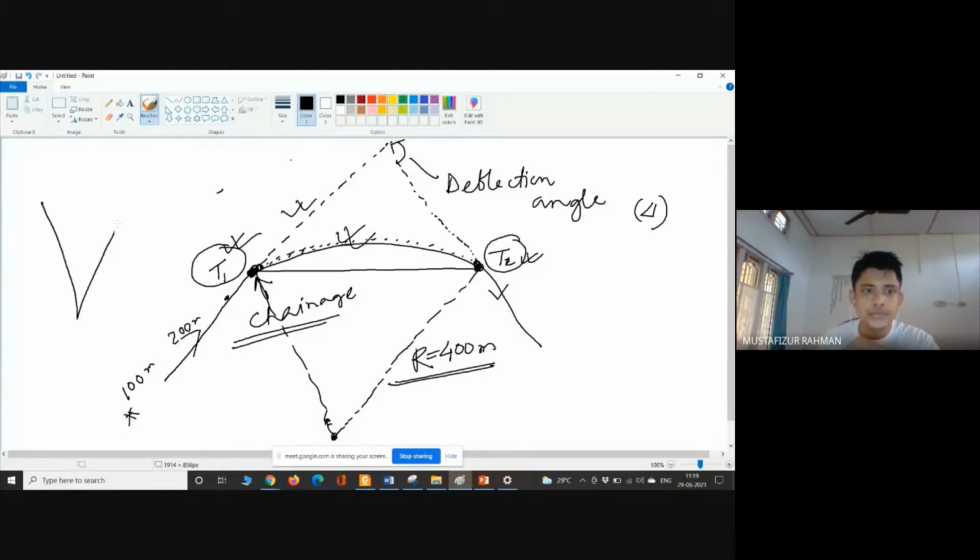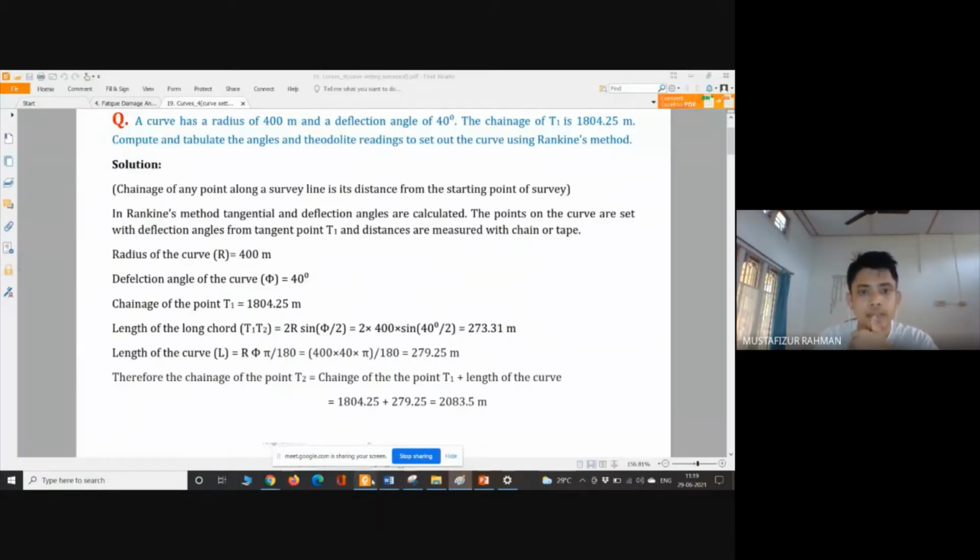If we have something like this, okay, this is a part of a circle, this is r, this is the length l, so this is theta. So this l is equal to r into theta, but theta must be in what? Radian. So that is what we are doing here. So r is multiplied by the angle, but in radian. This phi, therefore we are doing this, changing this phi, the value that is in degree.